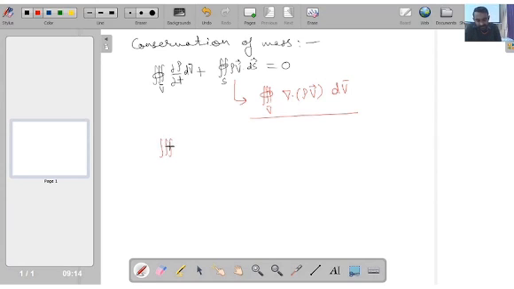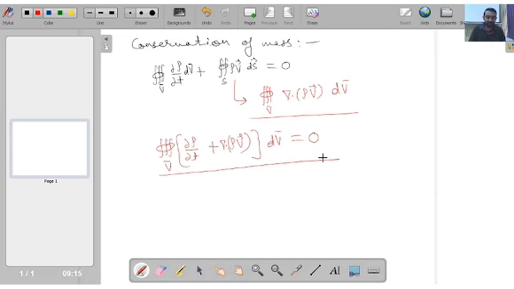So ultimately this dv bar I can take outside and write everything as a single volume integral. So it becomes del rho by del t plus divergence of rho v vector, and the whole integral over dv bar is equal to 0. Okay, so this is what we are getting over here.